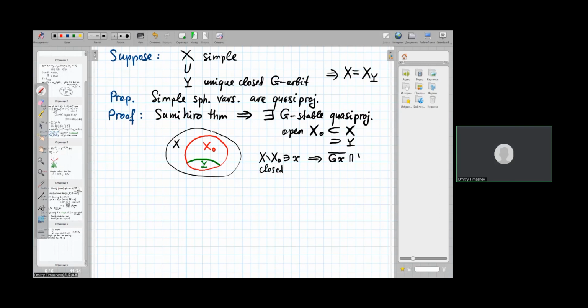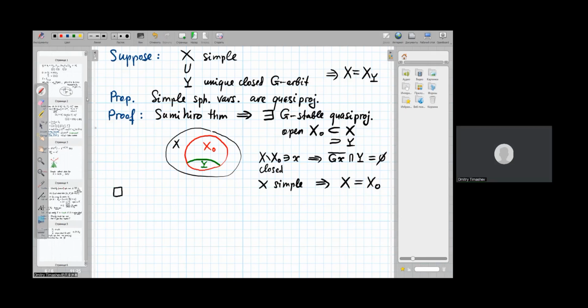And therefore, it does not intersect Y. But this is a contradiction. This cannot happen because Y is the unique closed orbit, and it should be contained in any other orbit closure. So since X is simple and there is a unique closed orbit, this implies that the complement is empty and X has to coincide with X naught. Therefore, X itself is quasi-projective, and we are done. We have proved the claim.